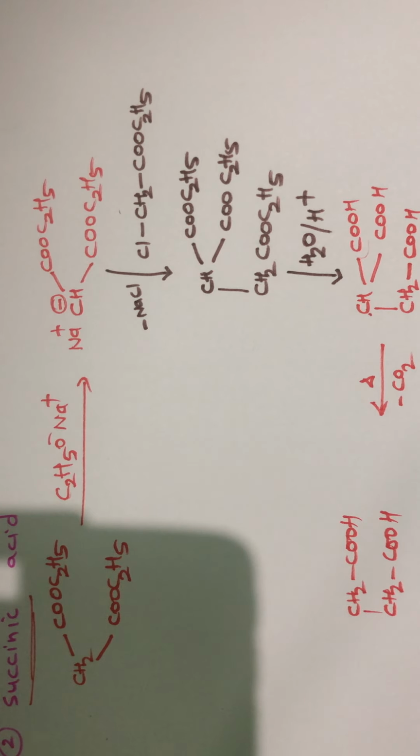Now let us discuss the use of this ester in the preparation of ketones. First keto acids are prepared, and next those keto acids on decarboxylation will give you ketones.